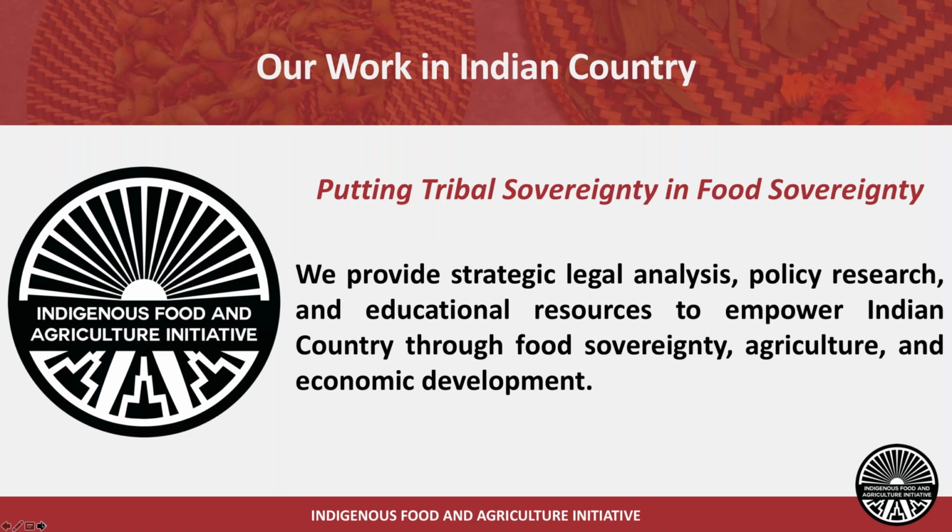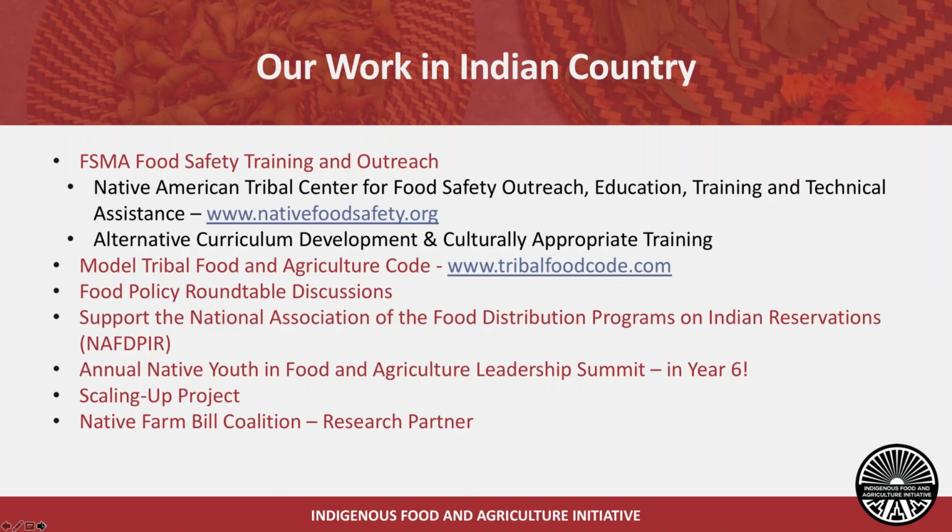But this is all exercised through healthy relationships and healthy economies in Indian country by exercises of tribal sovereignty and tribal self-governance. So when we think of our work and what we're trying to cultivate in Indian country, we think of it as putting tribal sovereignty within the larger movement of food sovereignty that we see in the current day. That's a pretty good overview of the work that we do, in addition to the work that I'm going to showcase here in a second.